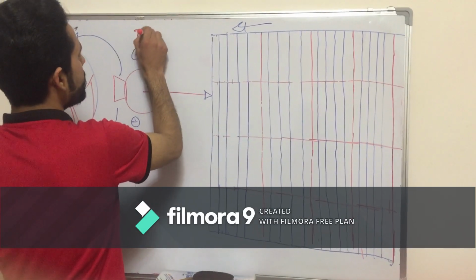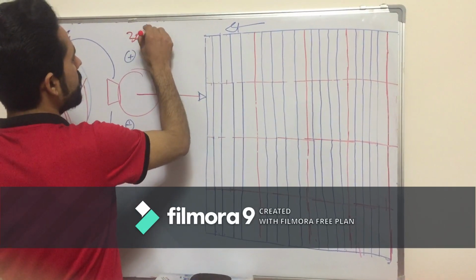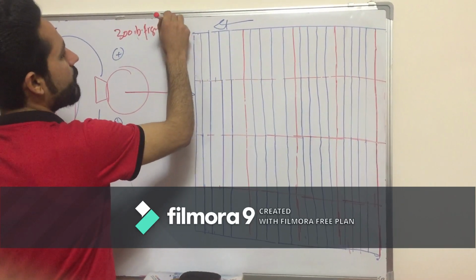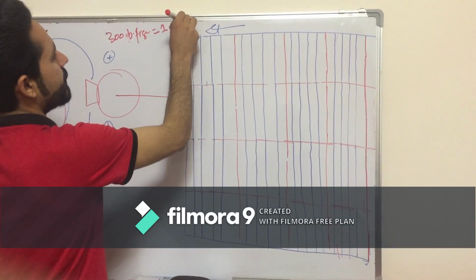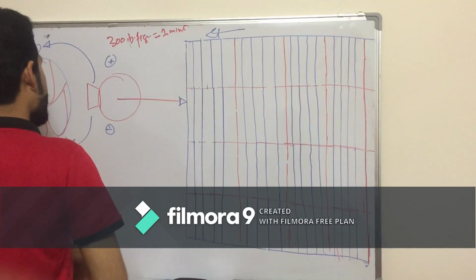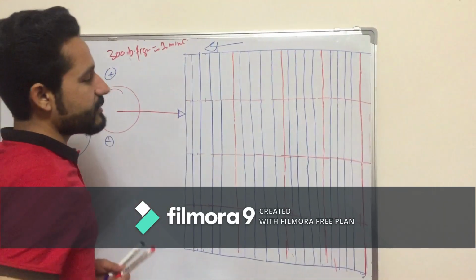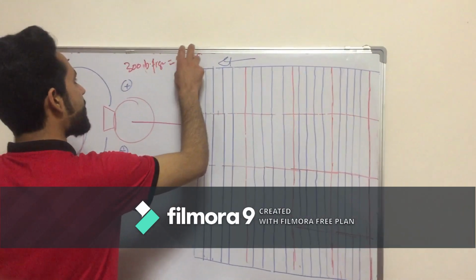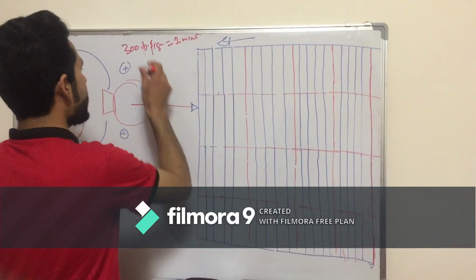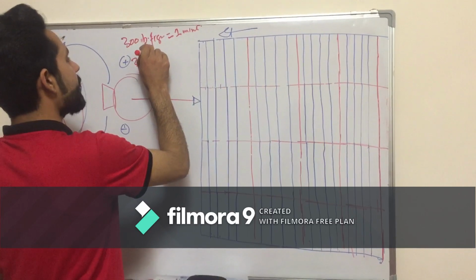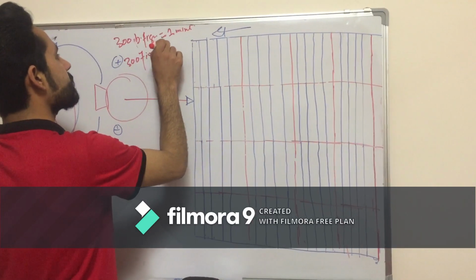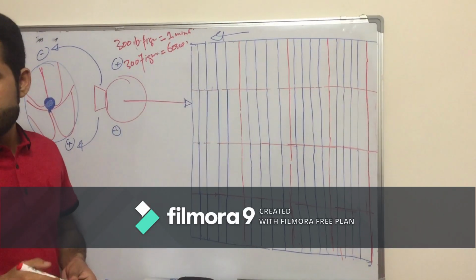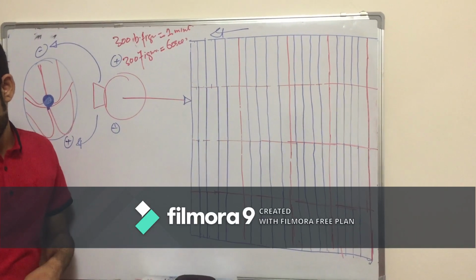So 300 big figures will pass in 1 minute. So we can say 300 figures is equal to 60 seconds. 1 minute is equal to 60 seconds.